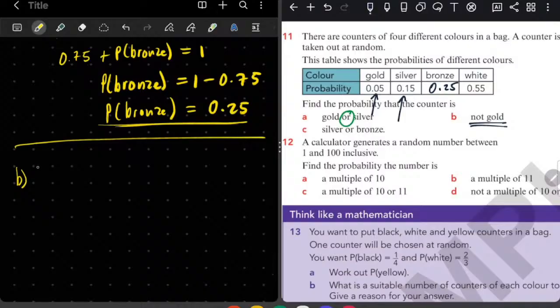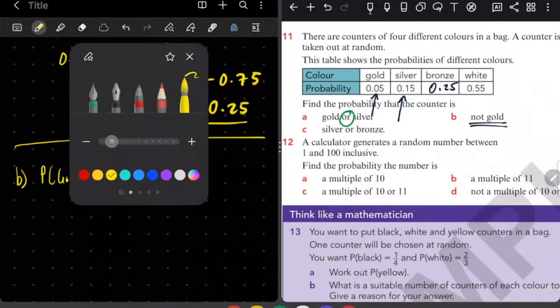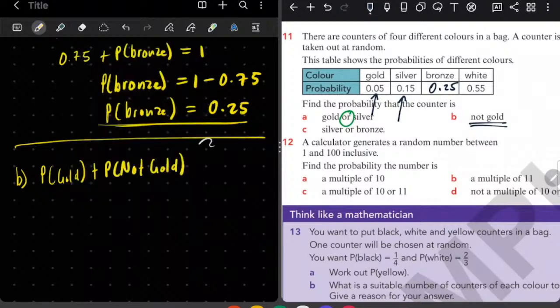How do we get probability of not gold? What do you know? Probability of gold plus the probability of not gold. These two should give you what? Class. Probability of gold plus probability of not gold should give you 1. So probability of not something is the easiest thing ever.